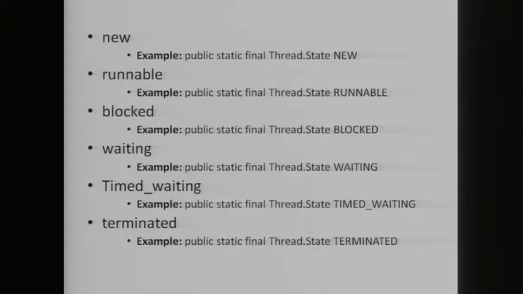Here you can see NEW: a newly created thread that has not yet started the execution, and here is an example for this. And RUNNABLE is either running or ready for execution, but it is waiting for resource allocation.